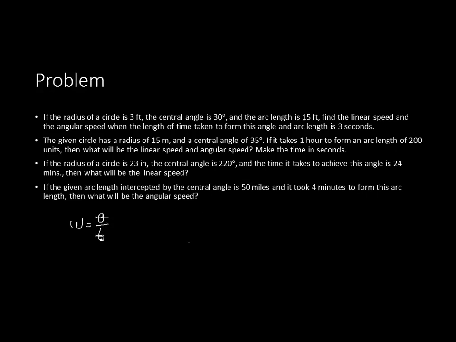You do have the time, but you do not have the angle here. What you have instead is the arc length of 50 miles and a time of 4 minutes. So how will you find the angular speed?